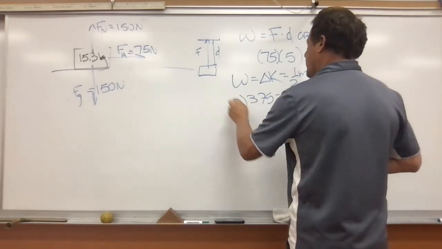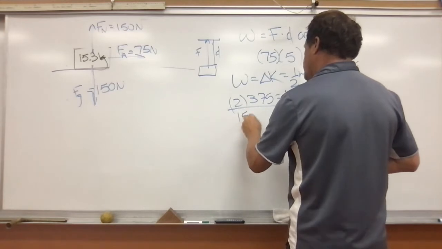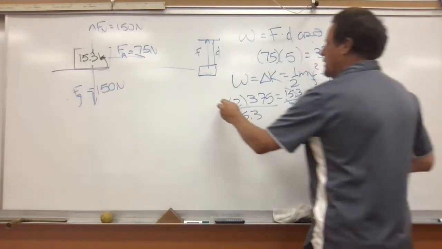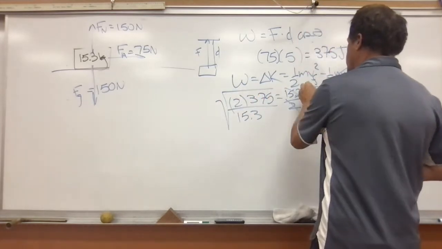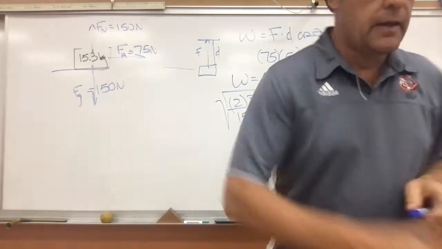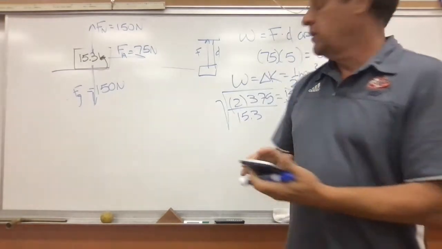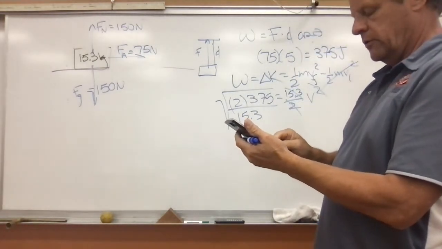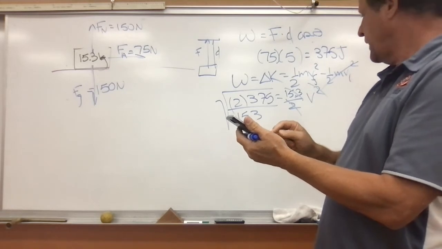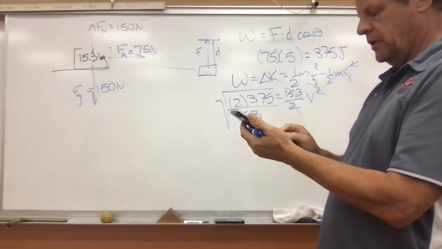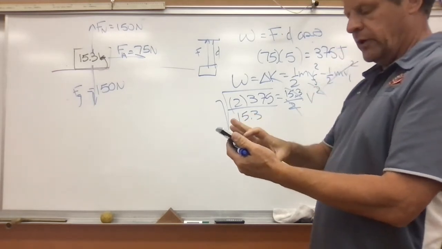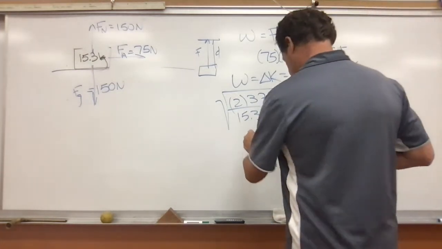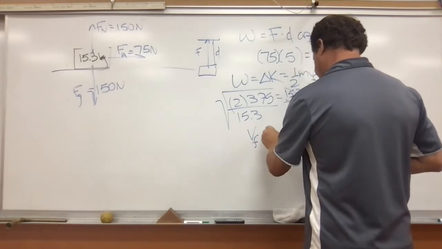So we're going to multiply by 2 and divide by 15.3, and then take the square root of that. So 2 times 375 divided by 15.3 equals 49, and take the square root of 49, and we get 7 meters per second. So our v final is 7 meters per second.